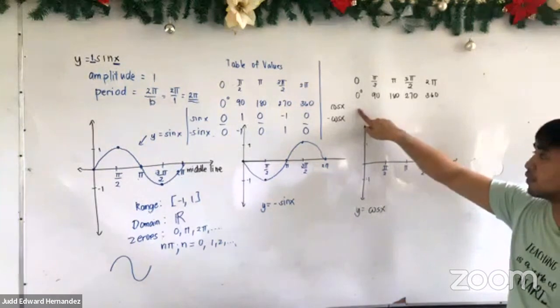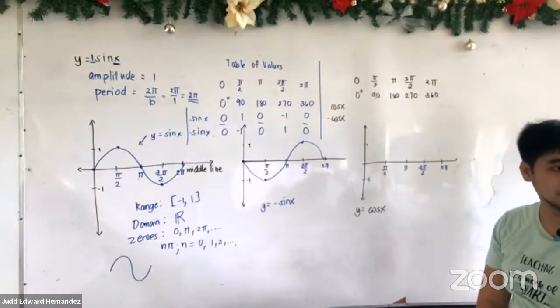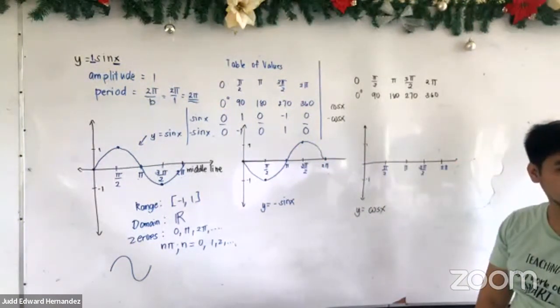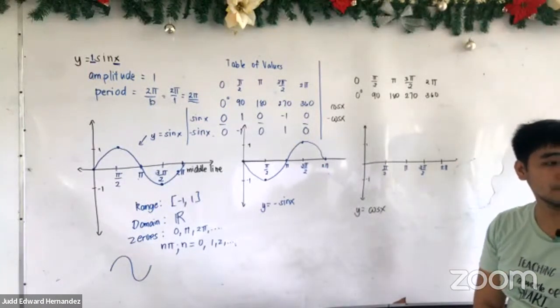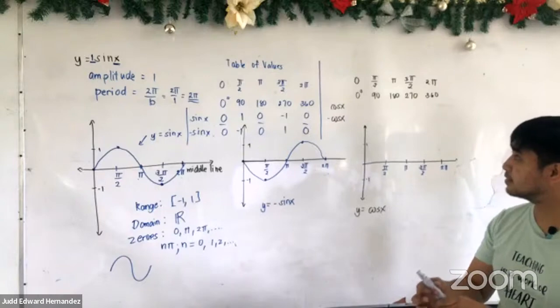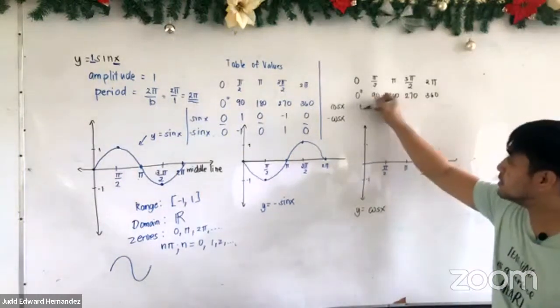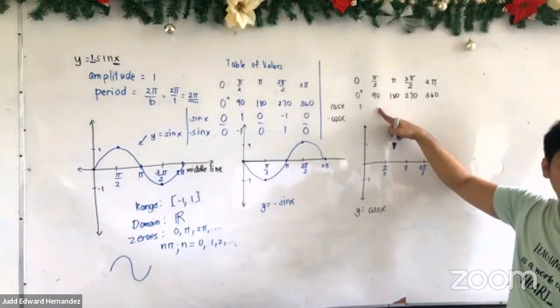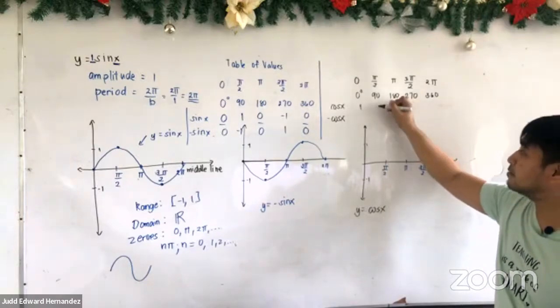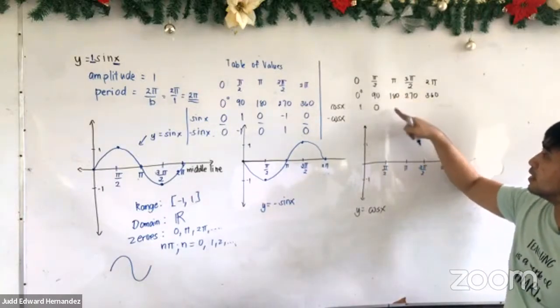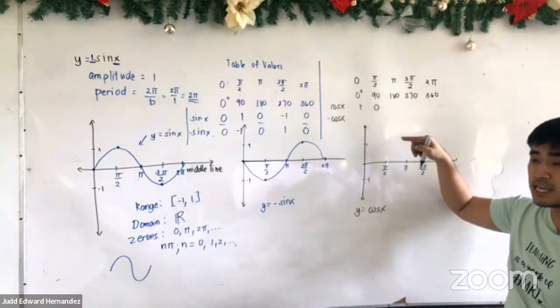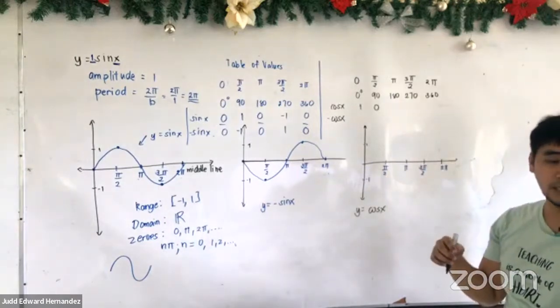Is there a value for cosine 0? Meron po. 1. Value for cosine 90? Wala po. Is there a value for cosine 180? Meron po.